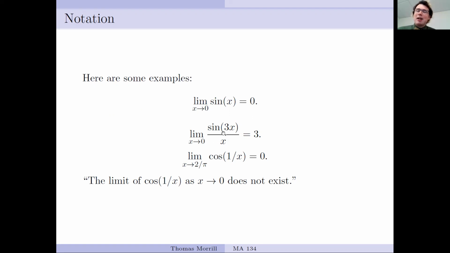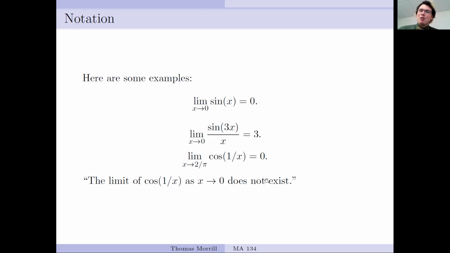I can't evaluate it algebraically, it's undefined. But the limit lets me say that that function really is getting closer and closer and closer to a y coordinate of 3. This is the notation that I use to write that down.